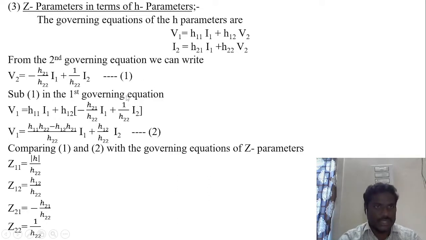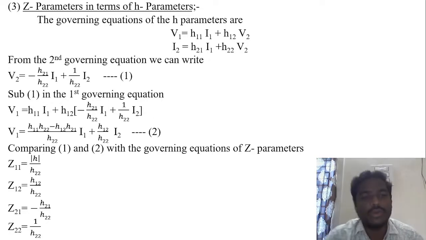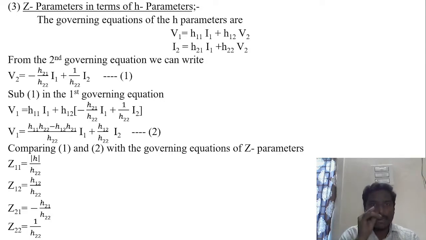These two equations, number 1 and 2, are compared with the standard equations of the Z parameters: V1 is equal to Z11 into I1 plus Z12 into I2, and V2 is equal to Z21 into I1 plus Z22 into I2. Comparing, Z11 is equal to the modulus of H, that is (H11 into H22 minus H12 into H21) by H22.